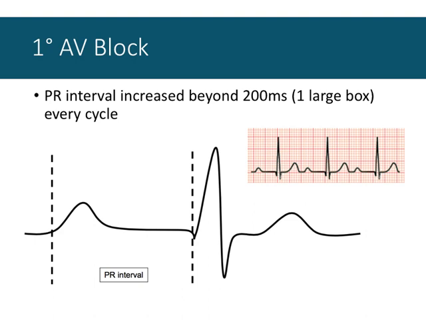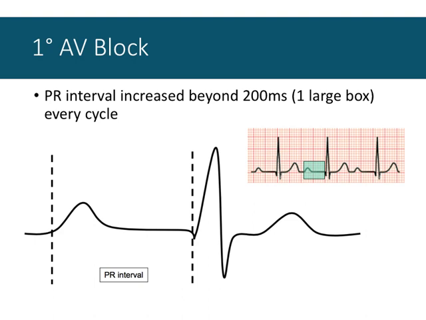Here it's slightly longer than normal, and we call longer than normal anything greater than one large box, 200 milliseconds. So the PR interval being measured from the start of the P wave to the start of the QRS complex is how long it would take for the signal to move through the atria to or be processed at the AV node and then be relayed and sent through the ventricles.